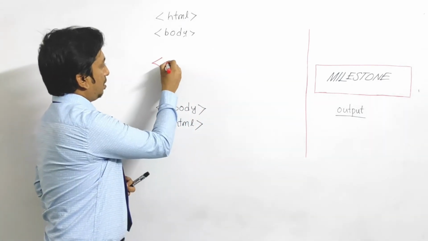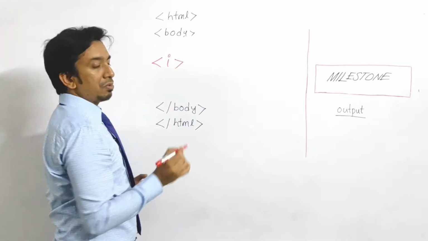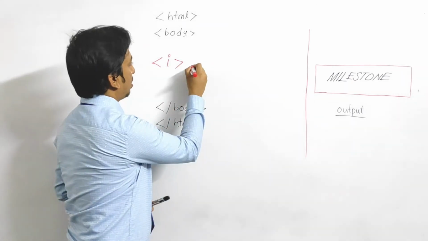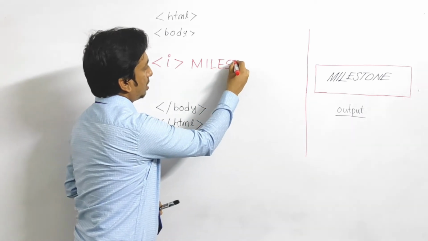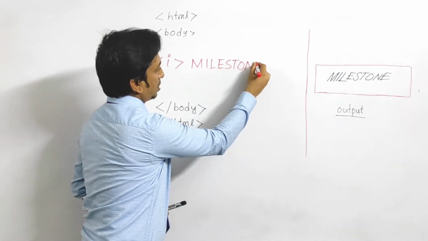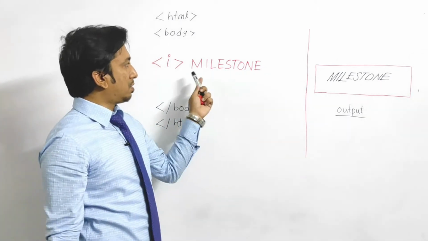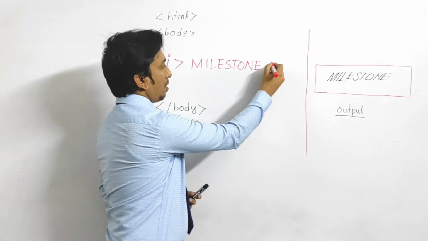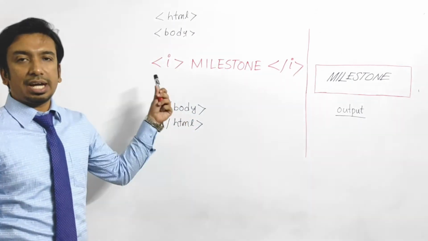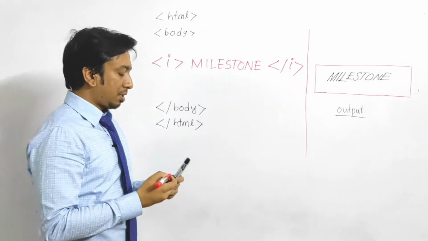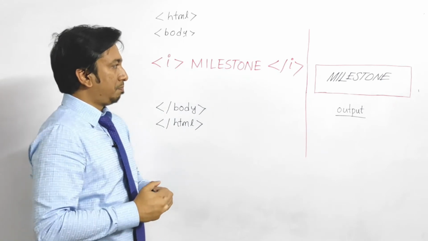Simple, use the i tag, then write milestone the normal way. You don't need to write italic format, just normal milestone. Then we have to close the i tag. Very simple. Just write this and you can show the output.